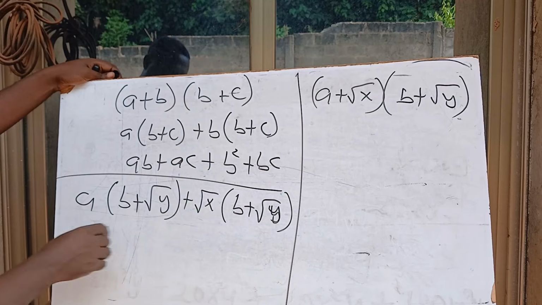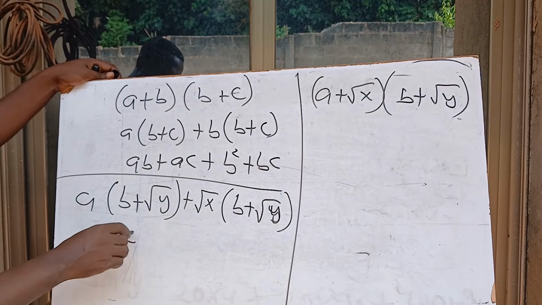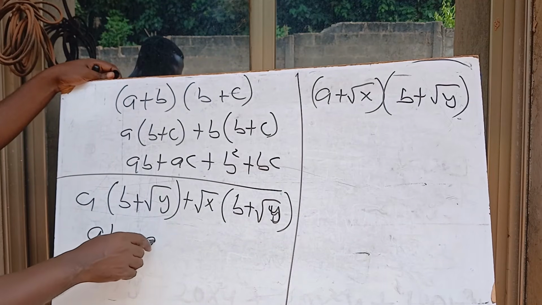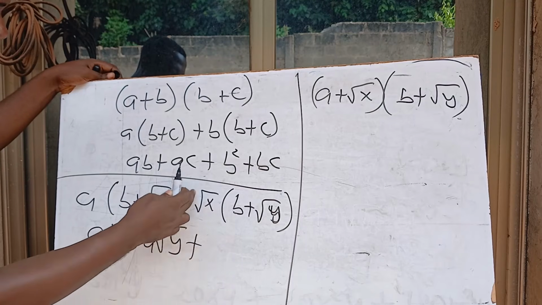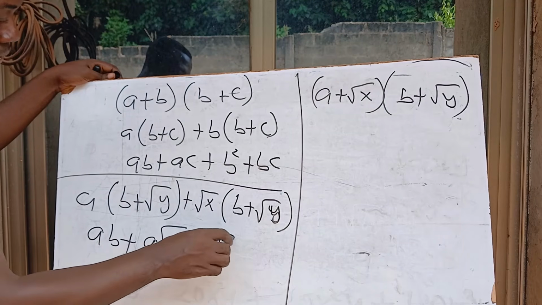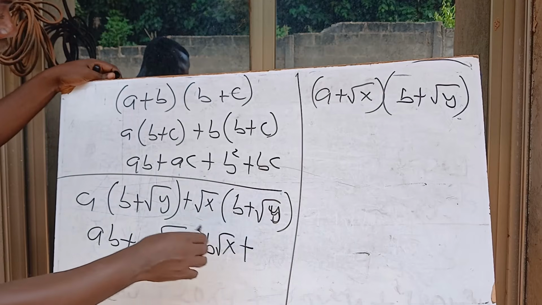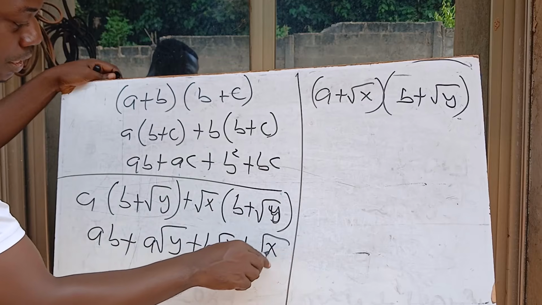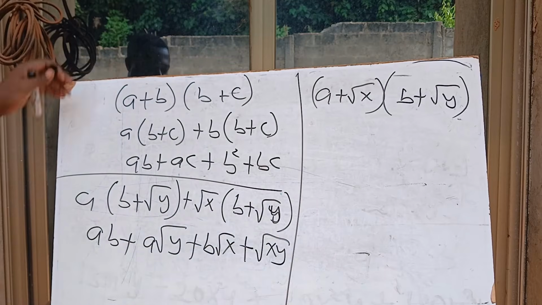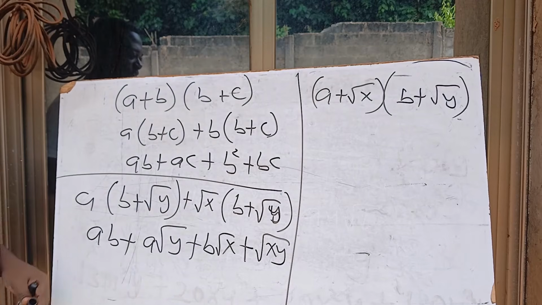All right, so that will be ab. So this one times this will be a with square root of y, and this one times this, so x comes outside per the properties. So this one times that, so square root of xy. So we can group like terms, so that will be the result.